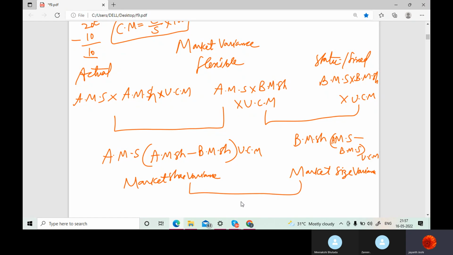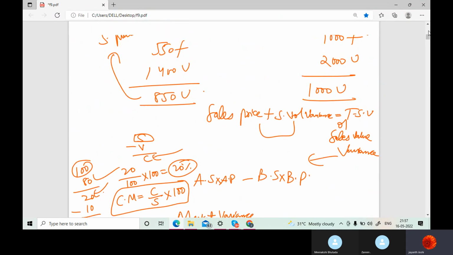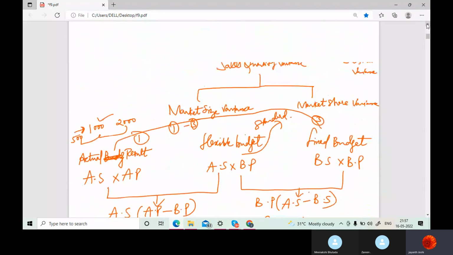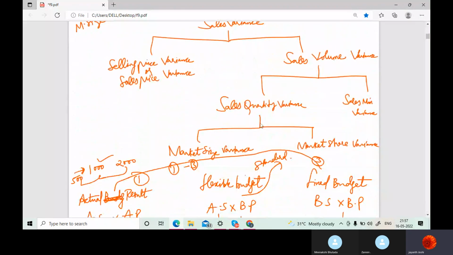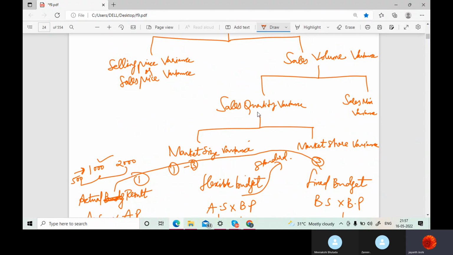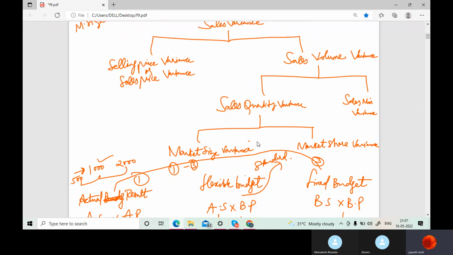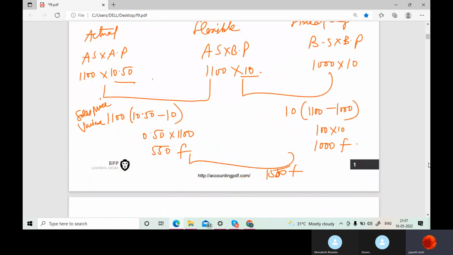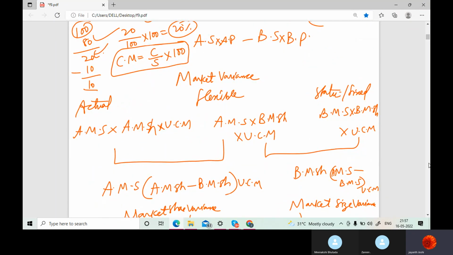And these two club together make sales volume variance, as I have made a chart already, or sales quantity variance, anything you can call. Sales quantity variance is divided into market size variance and market share variance. So please make a note of these market variances, and I'll give you a question to solve right now.